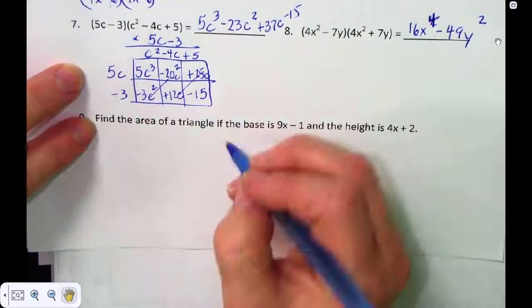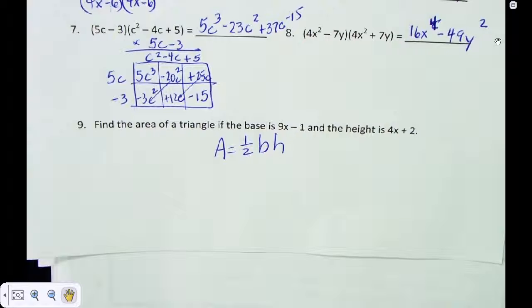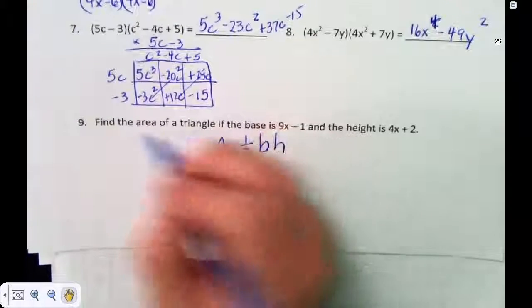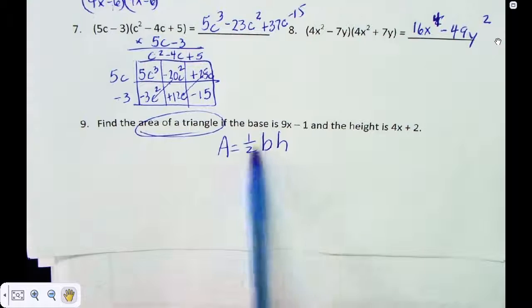Find the area of a triangle. Guys, who wrote the formula down for me? That's what I need to know. You should have, if it's talking about area of a triangle, area of a square, area, volume, I want to see a formula.